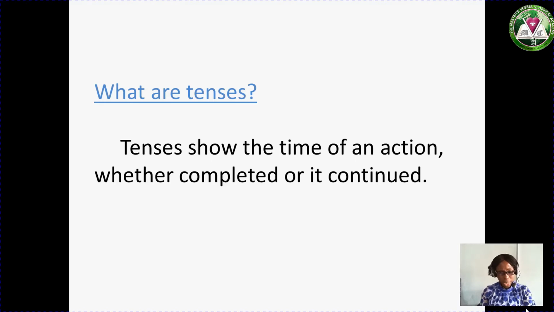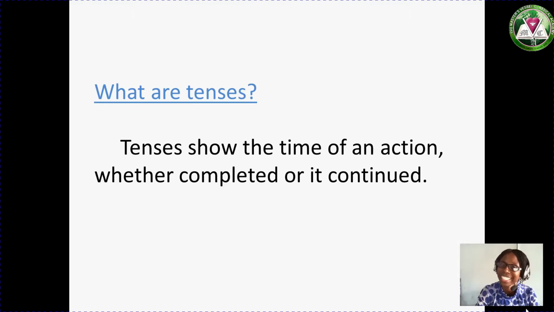The tenses will now lead us to different forms of verbs. I want you to know that verbs have different forms. We have present tense, past tense, future tense, continuous tense, and so on. Now, for the focus of today's lesson, we will talk about future tense. I want you to repeat it after me.